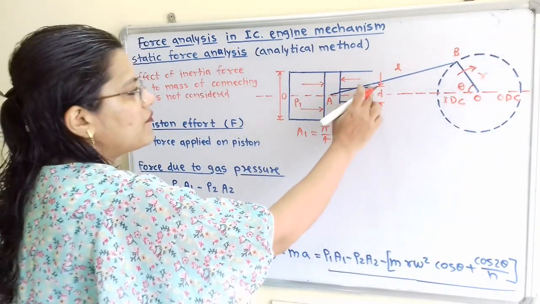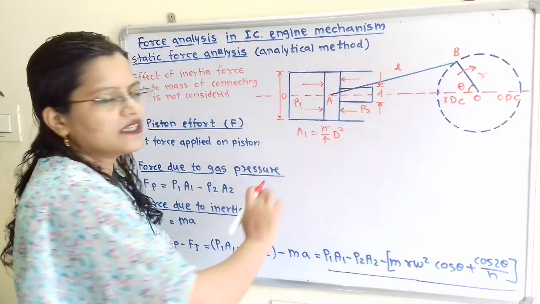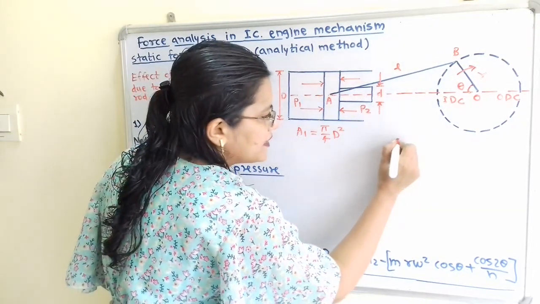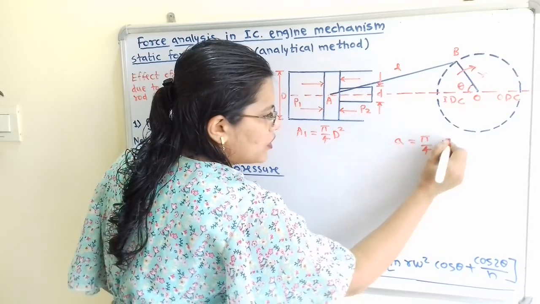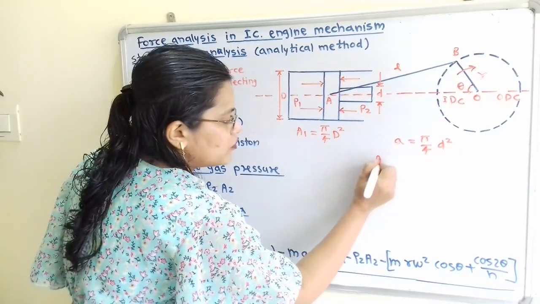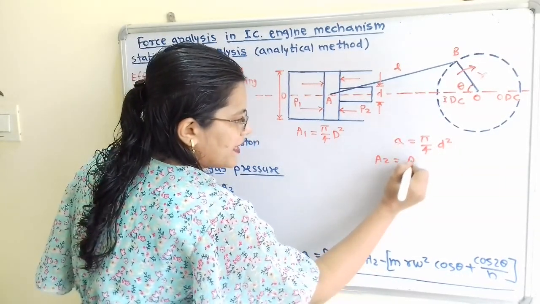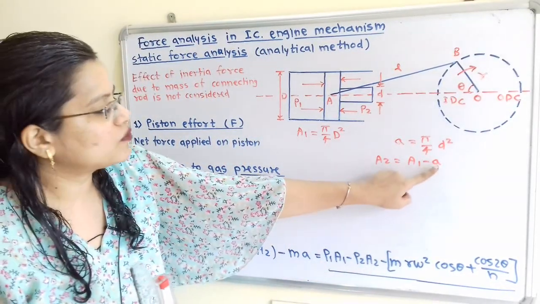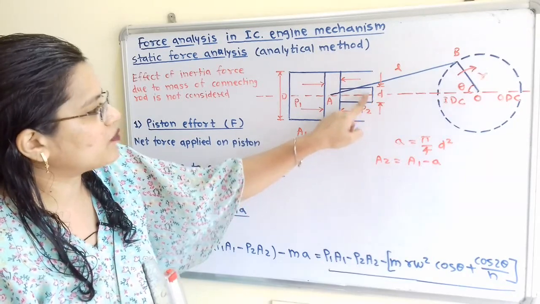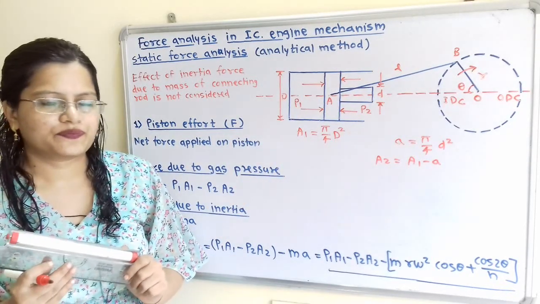So for that we will first calculate area of this piston rod. So this area is known as small a, which is equal to pi by 4 small d square. So A2 is equal to A1 minus a. So we have to subtract the small area of the piston rod.